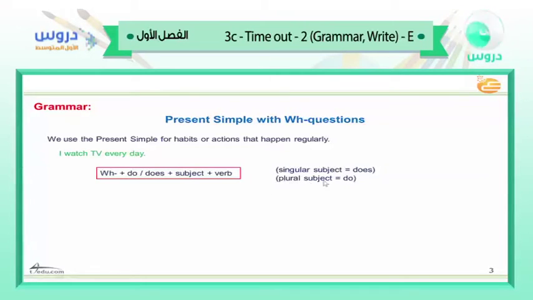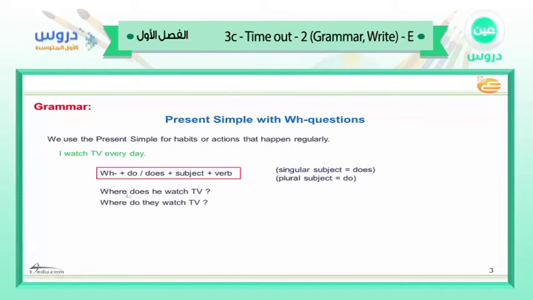If we have a plural subject, we use do. Do for plural, more than one thing or more than one person, 2, 3, 4, 5, and does for singular, one thing, one person. After that, the subject. Then after that, the verb in the base form. We don't add anything, we don't change anything. Keep it as it is.